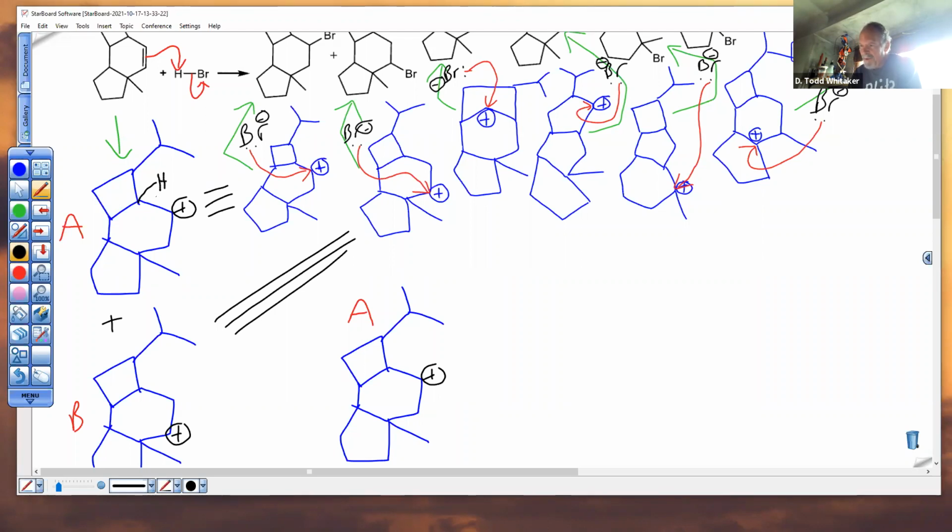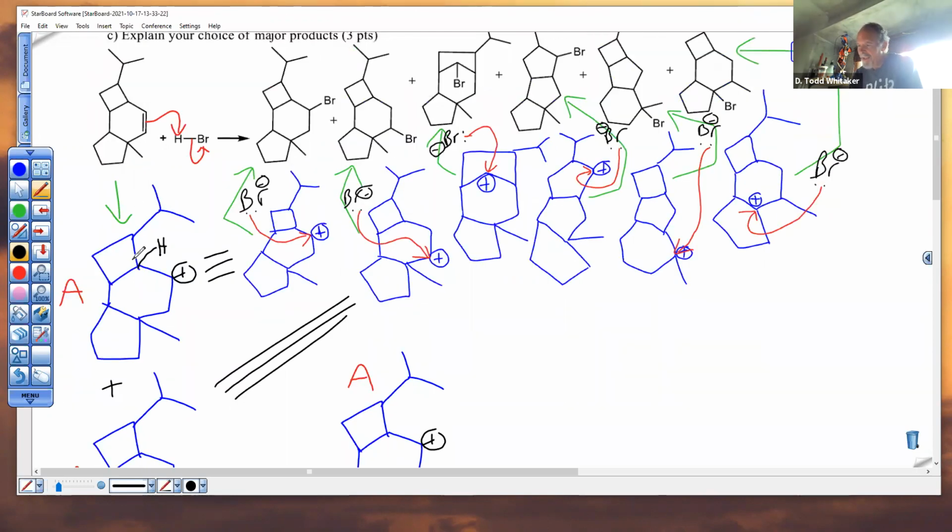But I'm going to point out that if you rearrange this H, you get a cation on the top square, and none of the rings change, and I don't see any product where I have a Br there instead of an H. So he wasn't looking for that hydrogen rearrangement. I could have had more products, is what I'm trying to say. That H moving wasn't for one of them.